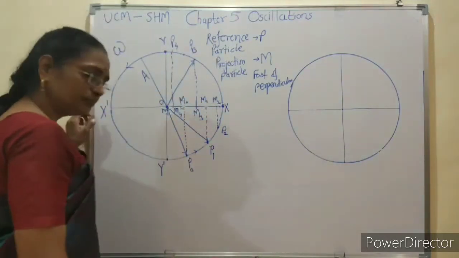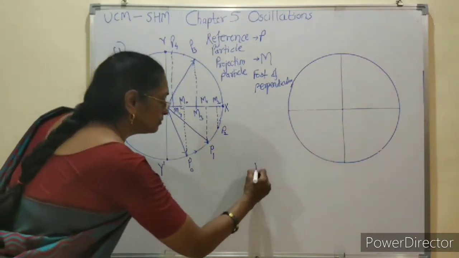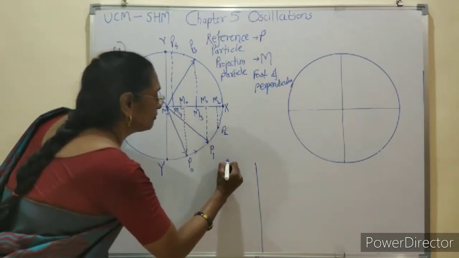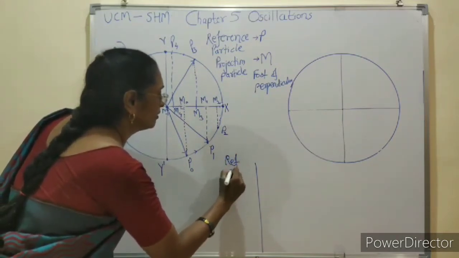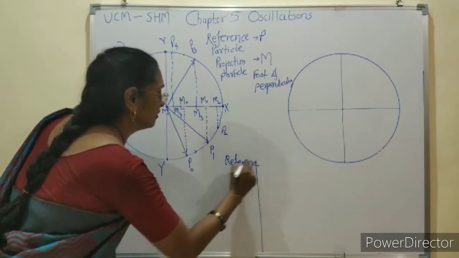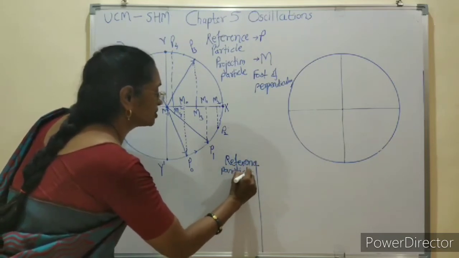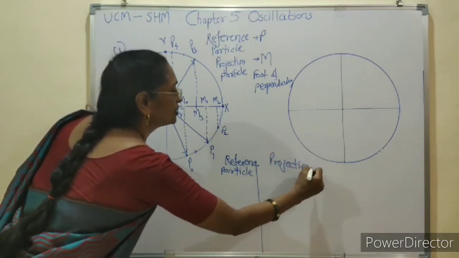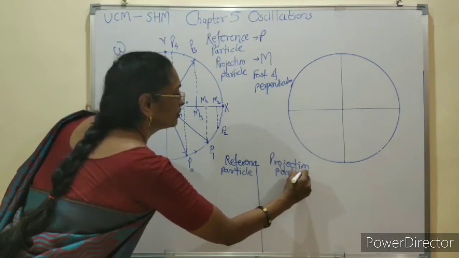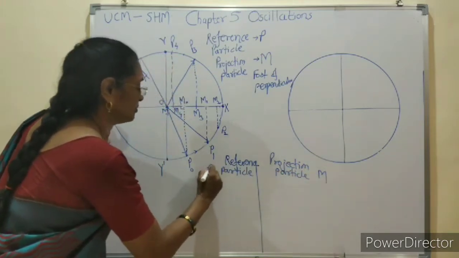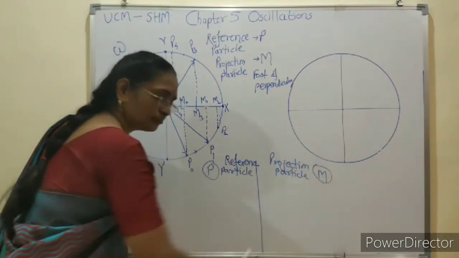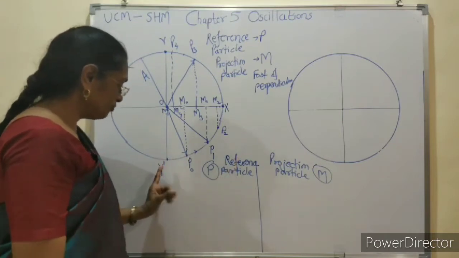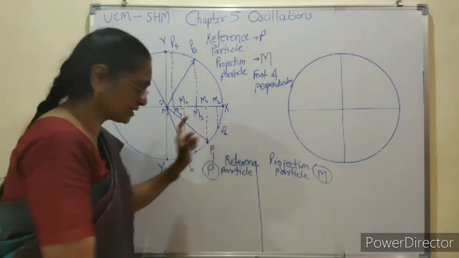We can show here two sets of motions: the reference particle as well as the projection particle. The projection particle is denoted by M, the reference particle by P. We have observed that the reference particle moves from y dash to x.